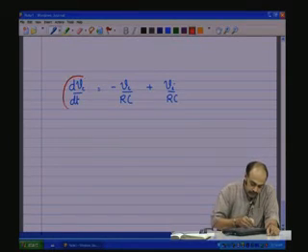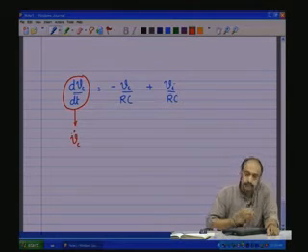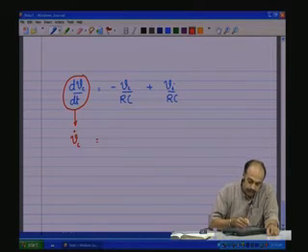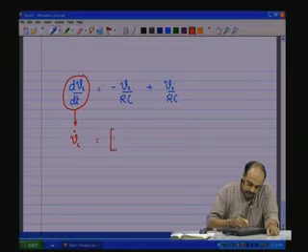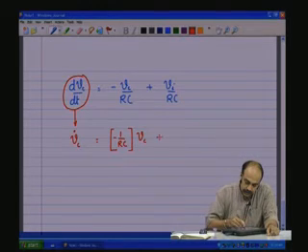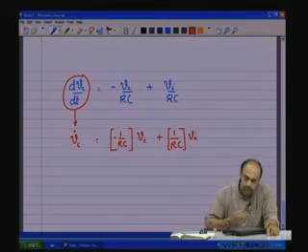So, if you look at this, this is dVc by dt, which is Vc dot, equals minus 1 by RC into Vc plus 1 by RC into Vi.